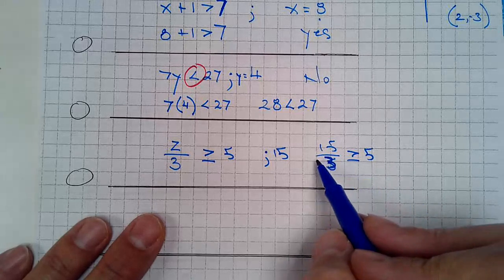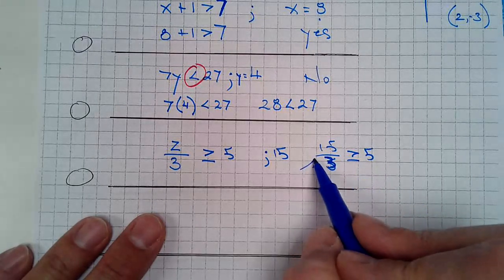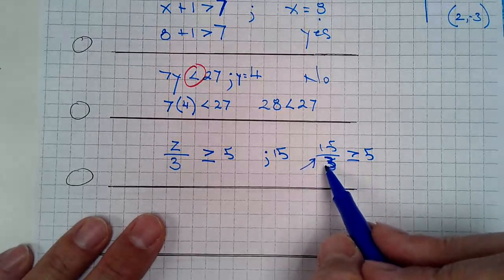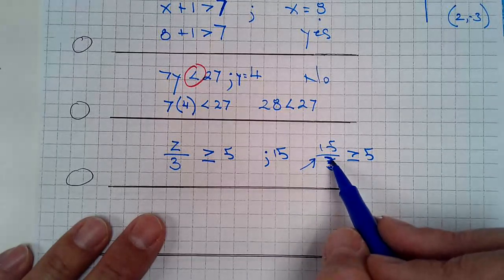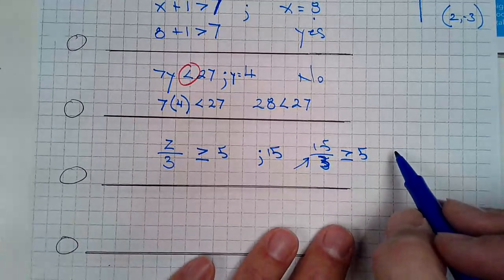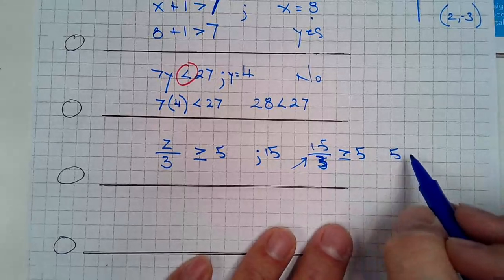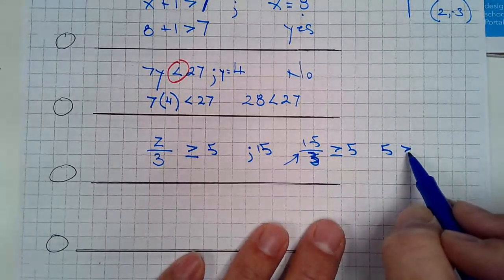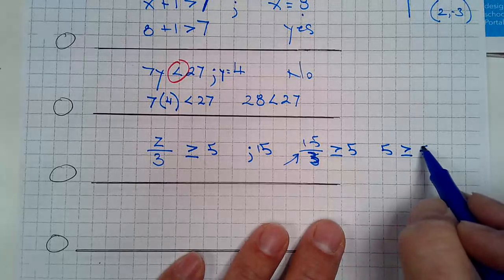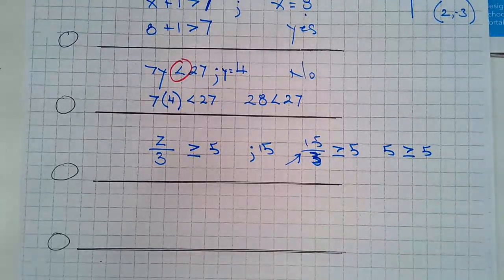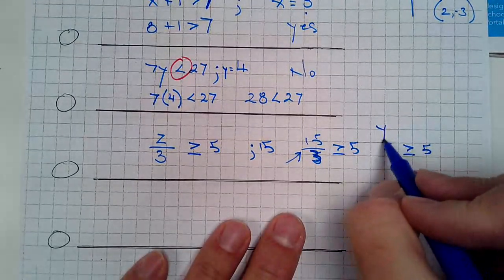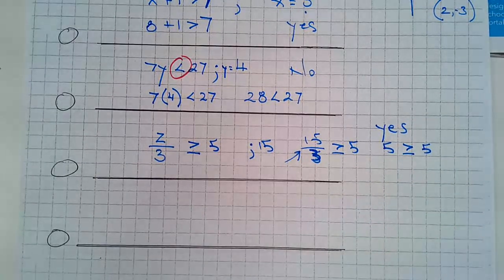Well, you guys should know by now, that symbol in a fraction means divided by. 15 divided by 3 is 5. So is 5 greater than or equal to 5? Yes, it is. So in that case, again, that would be a solution.